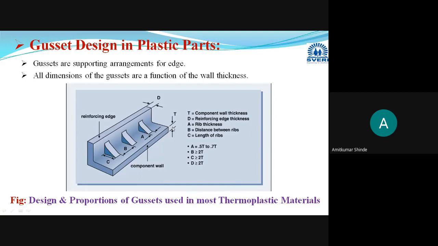Now, if T is the wall thickness, then whichever gusset you are using, its thickness should be 50% to 70% of the wall thickness. While providing the gusset to increase the strength, its thickness, this dimension A, should be 50 to 70% of the wall thickness.